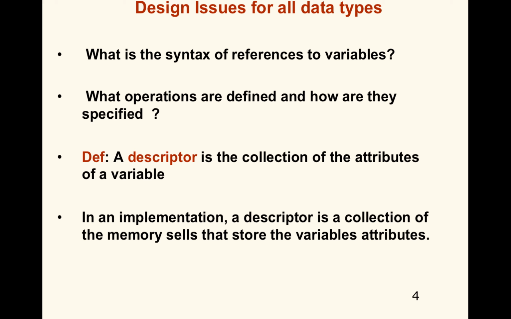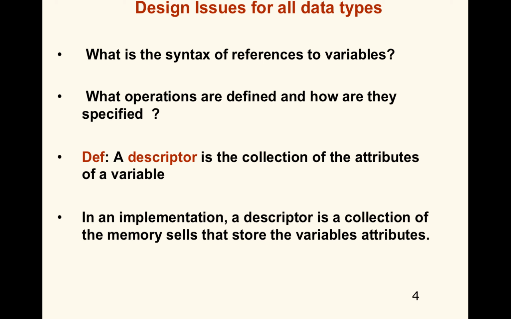And then I have a little definition down here. It's called a descriptor or definition. The descriptor is the collection of attributes for the variable. And so the descriptor holds on to the range of values that can be assigned to the data type along with the operations that are allowed for that particular data type. That's really the descriptor information, and the descriptor is usually held in the same memory space as the data associated with the variable that's holding this data type.